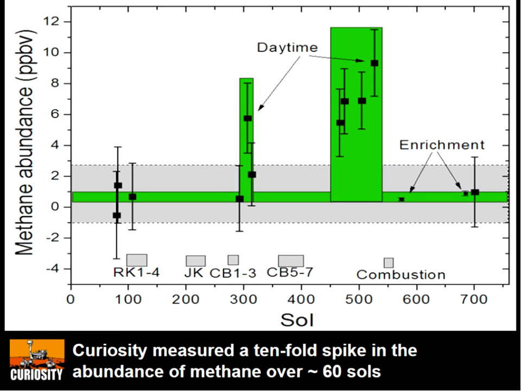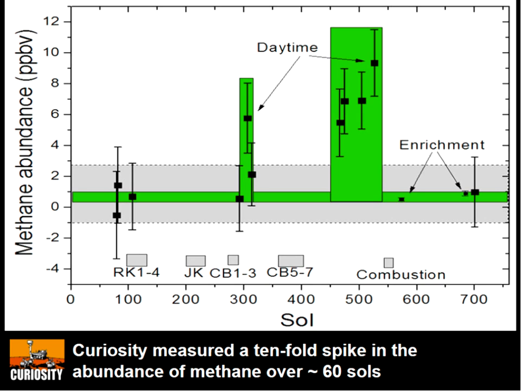And what we found is shown on the next page here, which is that, okay, so this plot shows on the bottom from Sol 0 to 750, and Sol is just what we call a day on Mars. So this shows the entire mission, from the day we landed at Sol 0 all the way to the end of where we are now, and it shows all the different measurements with this instrument.